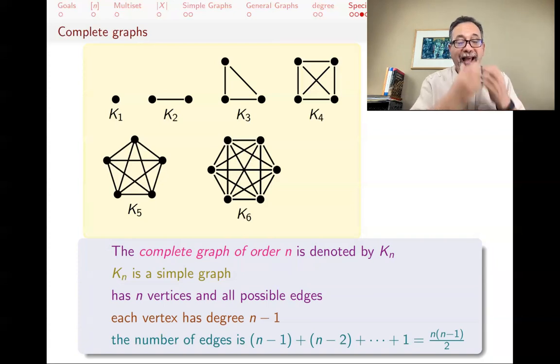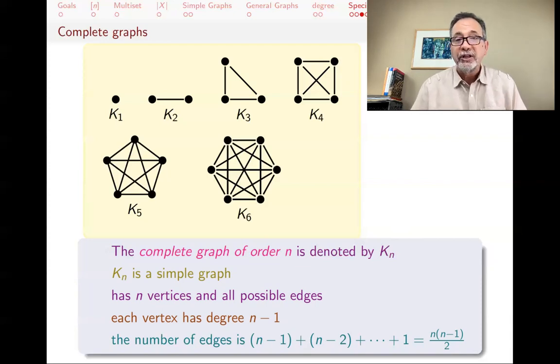And when you get to the absolute last vertex, you've already counted all its edges. And n minus 1 plus n minus 2 all the way till 1 is n times n minus 1 over 2. One way to count that is to notice that the first and the last add up to n, the second and the one before that add up to n, and so you have n minus 1 over 2 n's. And therefore the sum is n times n minus 1 over 2.